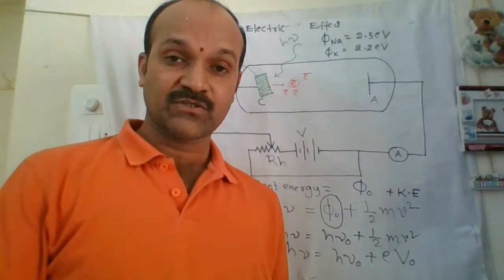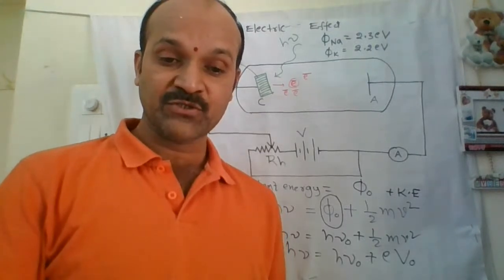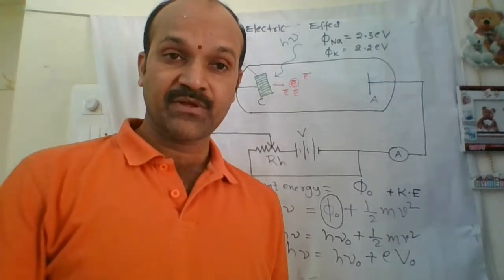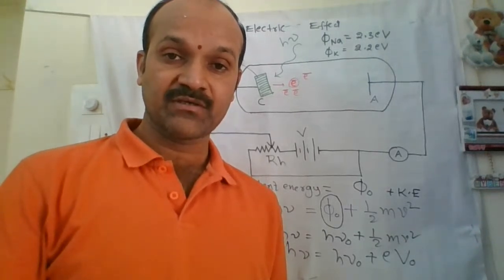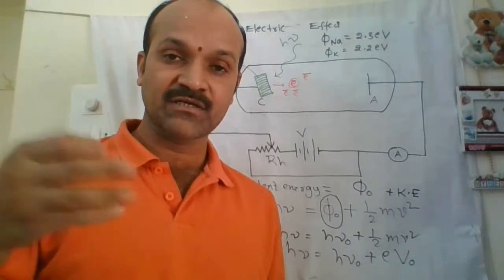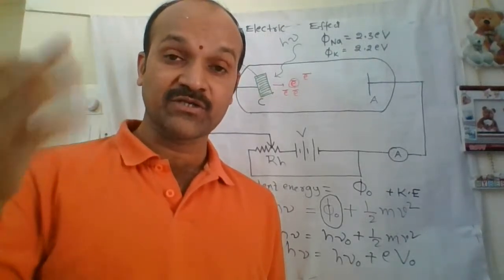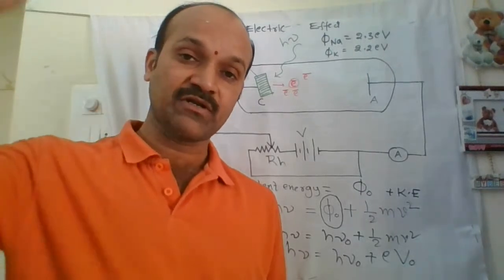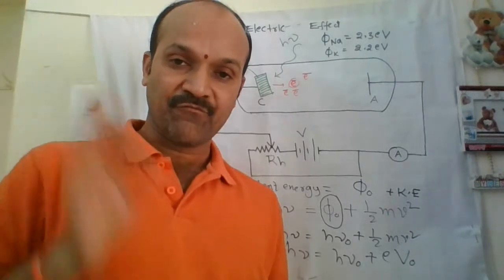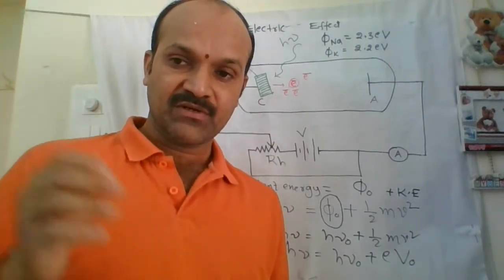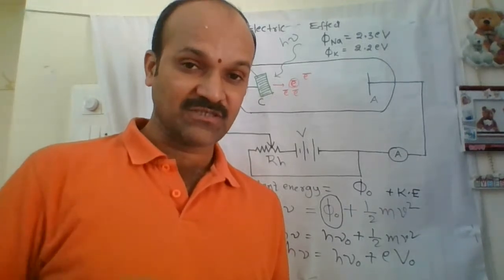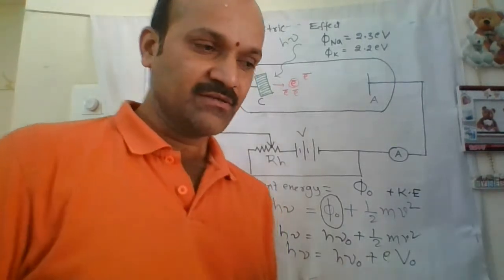What is the value of stopping potential when incident radiation energy is varied? If you keep on increasing the incident photon energy, how does stopping potential vary? Does it vary or constant? So Srikar and Pawan Kalyan are answering as constant. We'll see it.